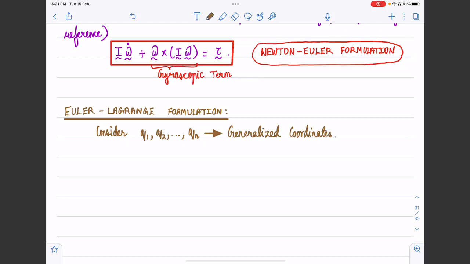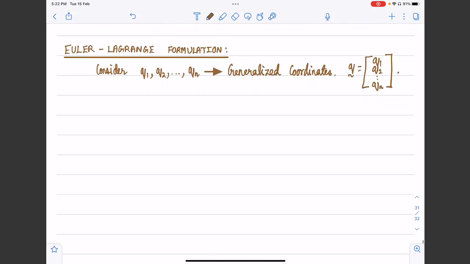Then we define a vector of generalized coordinates Q, which is a column vector where we arrange all these n generalized coordinates, Q1 through Qn. So let us say we have an n degree of freedom system; we define n generalized coordinates, Q1 through Qn, and we form what is called the generalized coordinate vector.